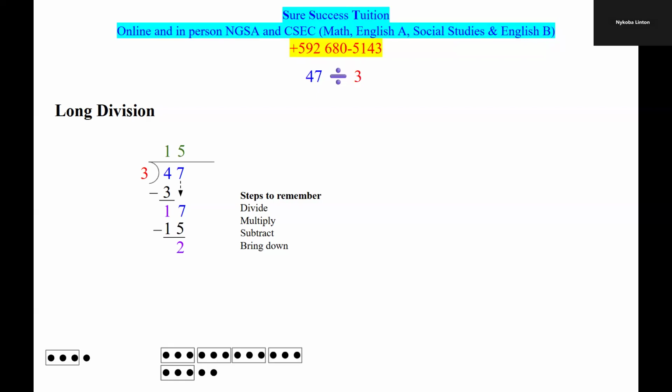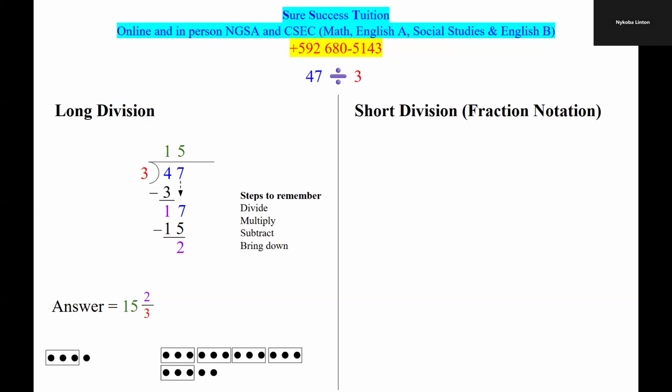Well, sometimes we could put 15 R 2, but let's put it in a fraction form. So we'll have 15, that's your quotient. Your remainder is 2, your divisor was 3, so it will be 15 and 2/3. Right?